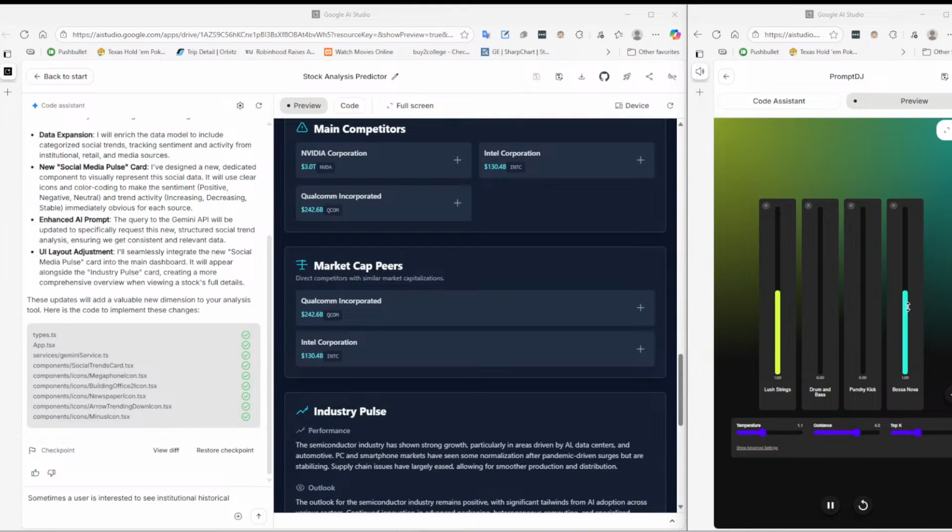All right, let me adjust this. Pretty cool. So let me turn some drums and bass in here.